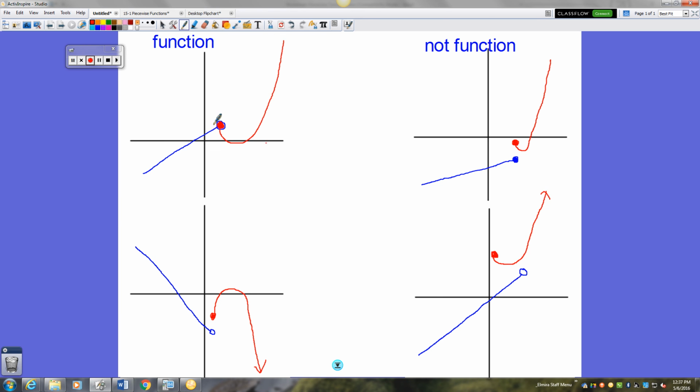What matters is that if I pick a spot along here and I drop a vertical line, this fails the vertical line test because the blue and the red overlap. So these are not functions because they fail the vertical line test. These pass the vertical line test. Okay, either they overlap and they're the exact same point and that's okay, or they are one above each other, but one's colored in and one's not. That's a function.